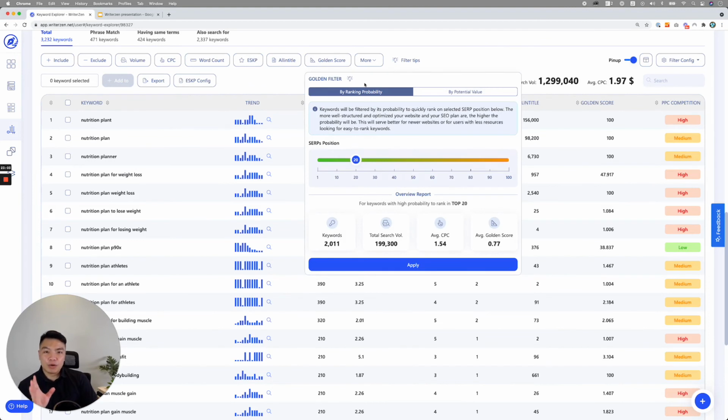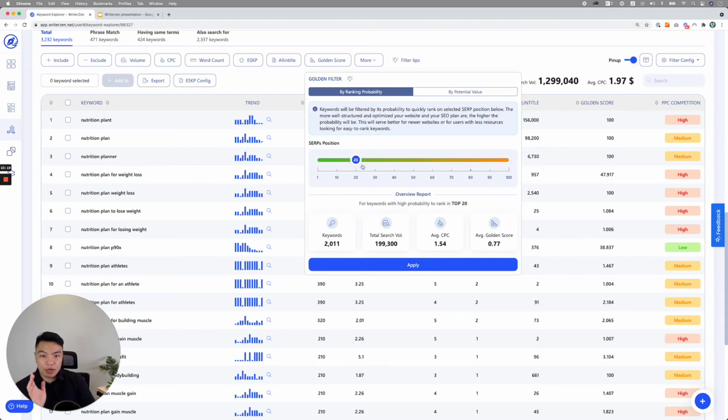Right now we break Golden Filter into two parts, right? The first is by ranking probability, and ranking probability is essentially the way for you to look for keywords in the two bottom zones, Candyland and opportunity zone.